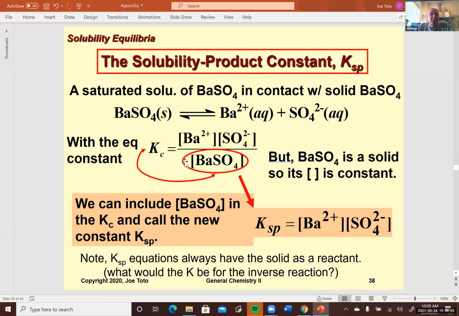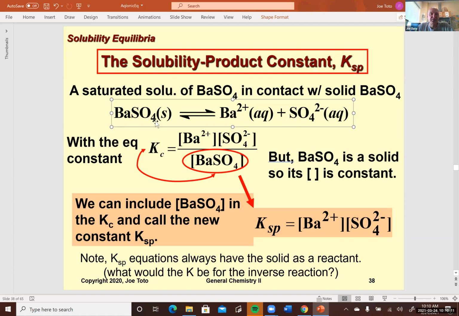So we define the Ksp, the solubility product constant, and it's very similar to equilibrium constants that we've looked at already. Now notice that these equilibriums for solids, these Ksps, have the solid on the left of the equilibrium always, and then the ions are on the right.